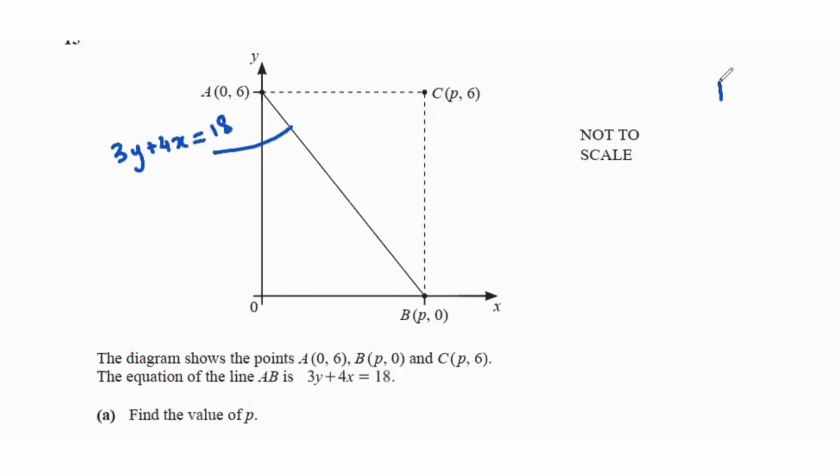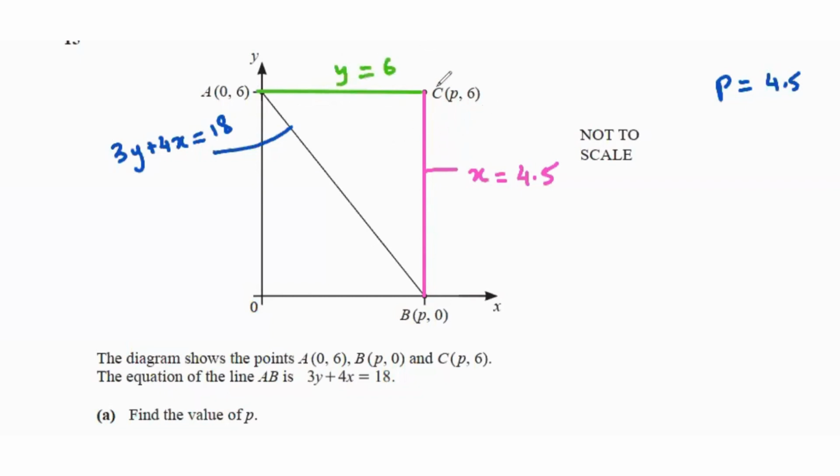We know P equals 4.5, so this line is going to be x equals 4.5, and this line over here is y equals 6.